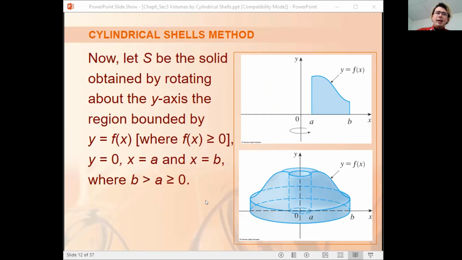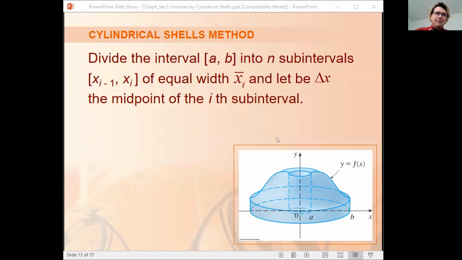What does it look like when I approximate the volume of this solid? Well, I'm going to pick particular x coordinates and I'm going to use them to build these shells that I've been talking about. So let's take a look.